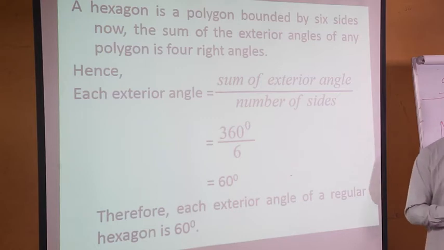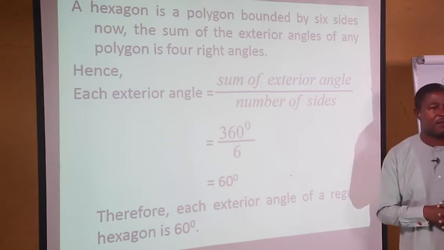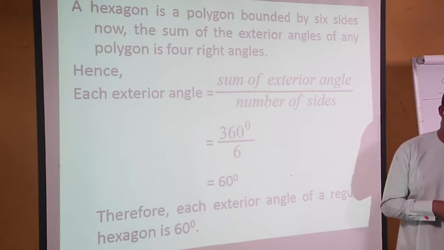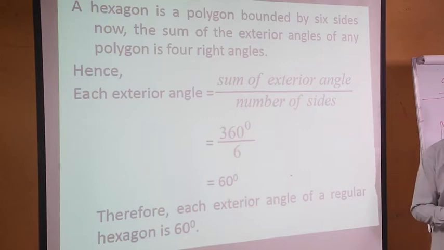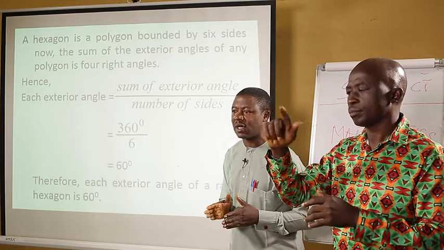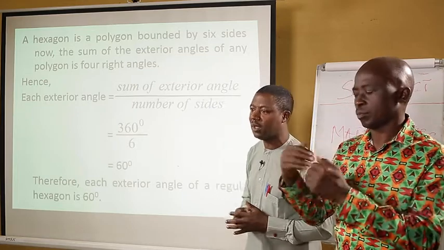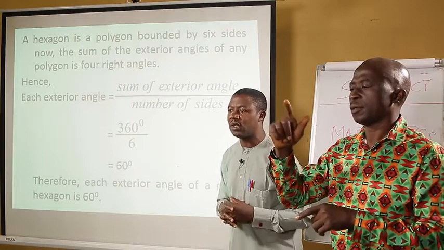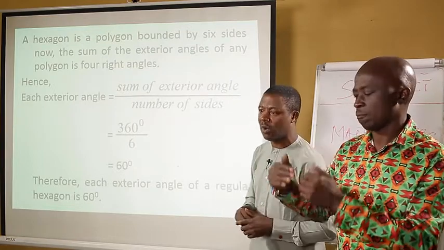Now, we are expected to calculate the size of each angle of a regular hexagon. The word regular needs to be clear. Regular means a polygon with all its sides and angles equal.